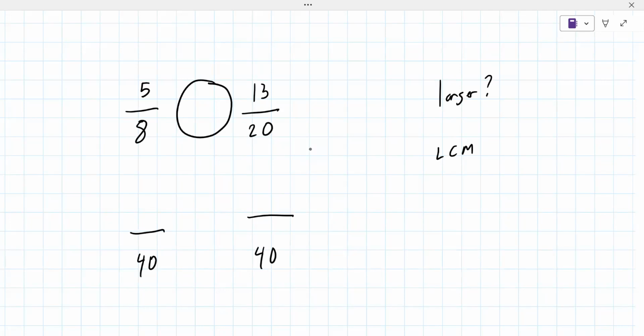So then the 13 would be 20 times 2 and 13 times 2, which would be 26. And then 5 would be 25 over 40.